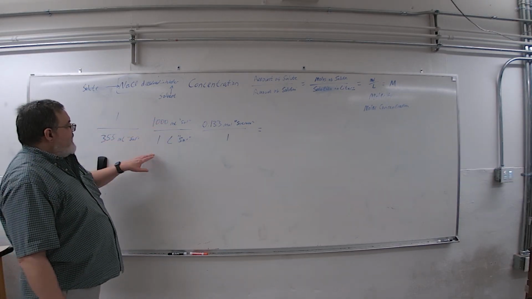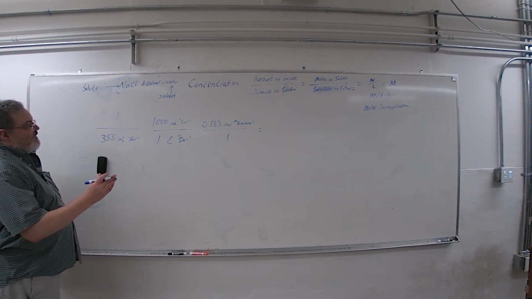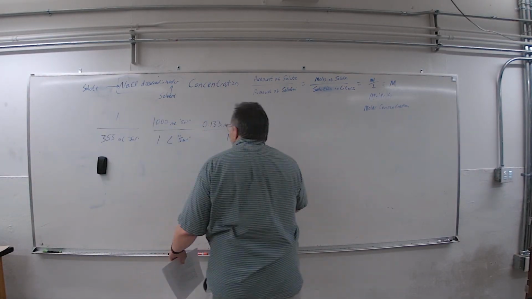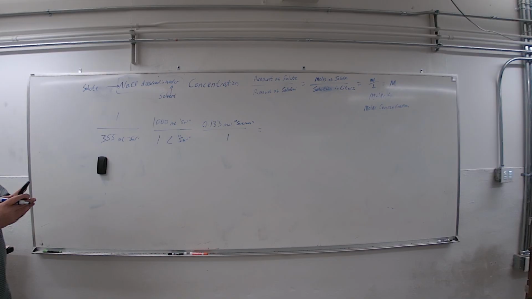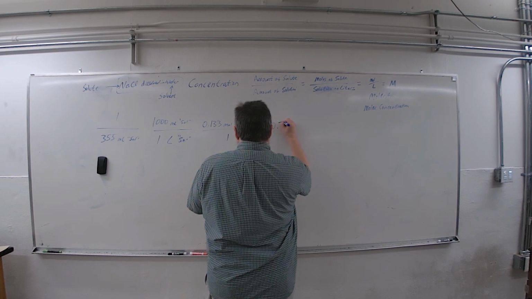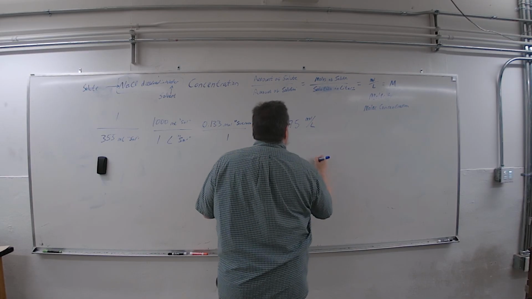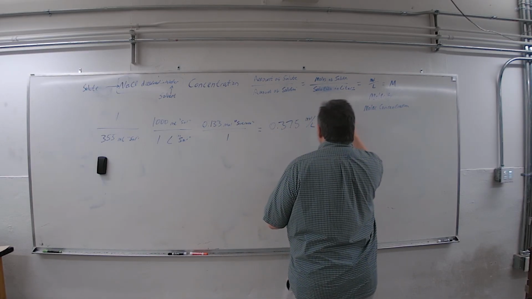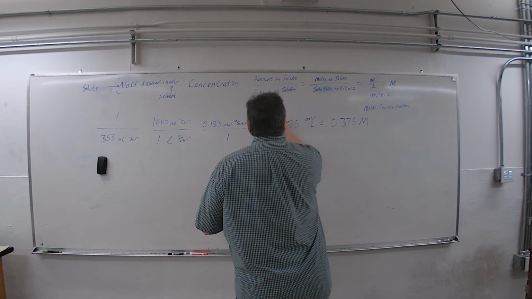After you do this, you're going to have 0.355. Then you have liters. So if I go 1,000 times 0.133 divided by 355. Moles per liter. You could also write that 0.375 capital M. Either one of those is correct.